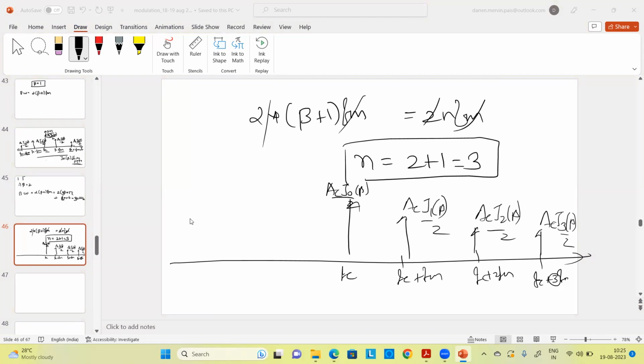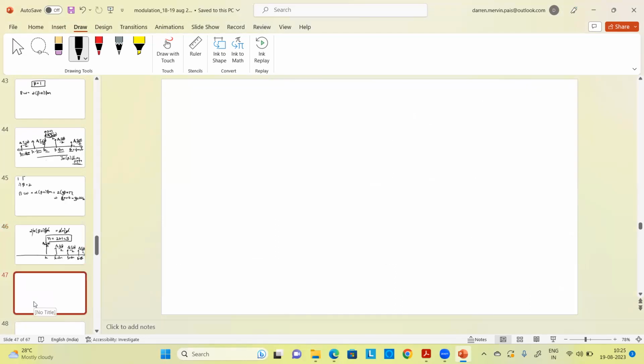So this was the part of it. And imagine they ask you to find out, in this case, Jerry, the value of PT. It will be given as PC, AC square by 2R.